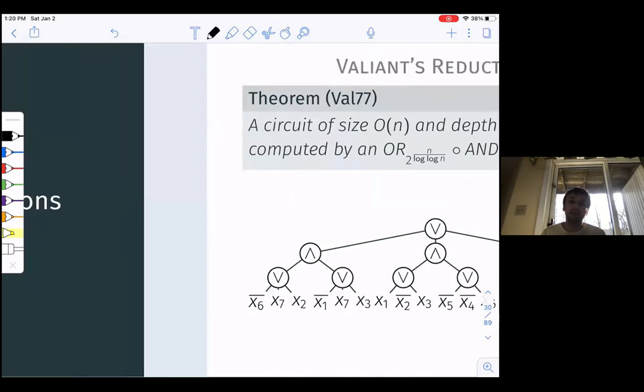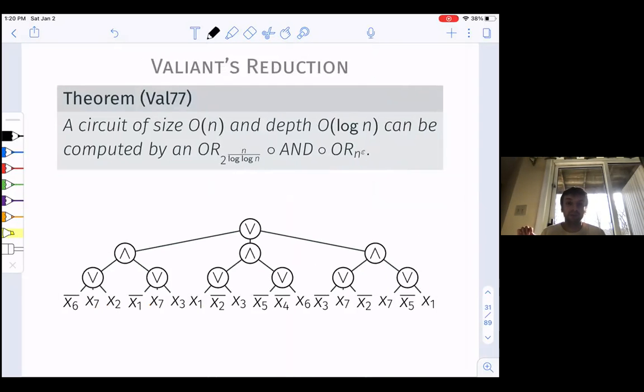Valiant says that if you have a function that can be computed by a linear size log depth circuit, then it can also be computed by a depth 3 circuit where the top OR has sub-exponential in-degree, 2 to the n over log n. Then we have a layer of ANDs, and the bottom ORs have in-degree n to the epsilon.